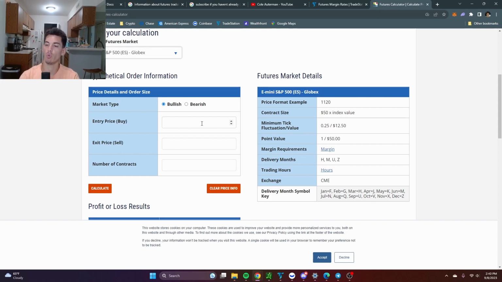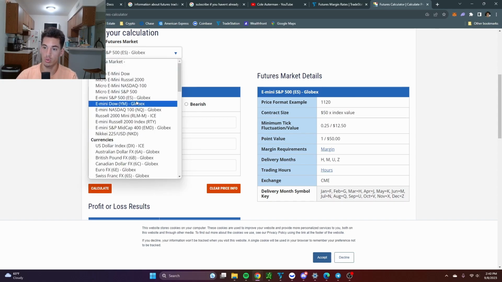This is just a really simple way of figuring out your profit or loss, because it can get a little bit tricky on what contract sizes are for each contract, what futures contract you'll be trading. So for ES, I'll actually go over that really quick. For ES, it's $50 a point. So that means for every point up that ES goes, it is $50 of profit or loss.